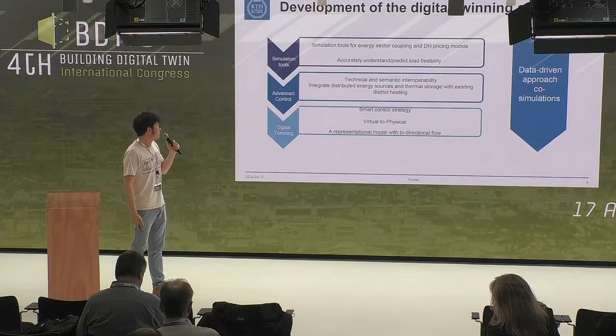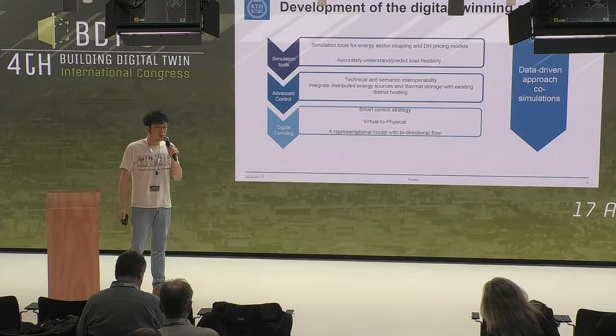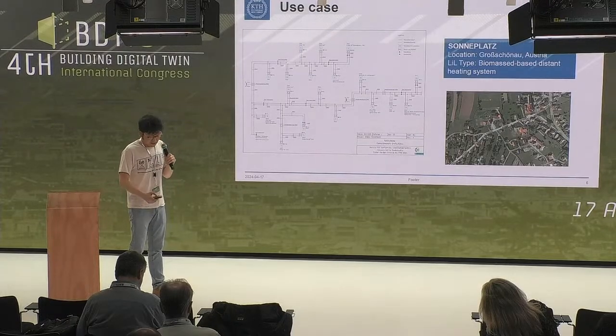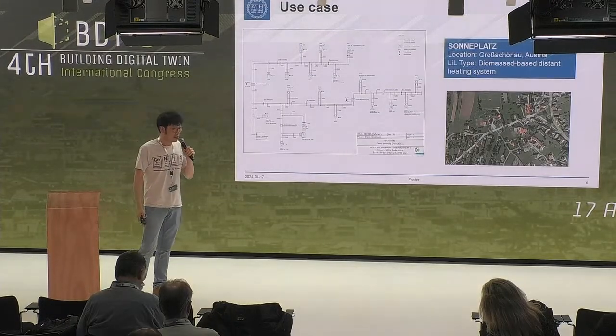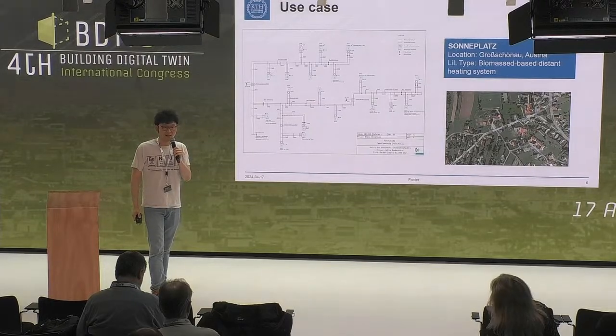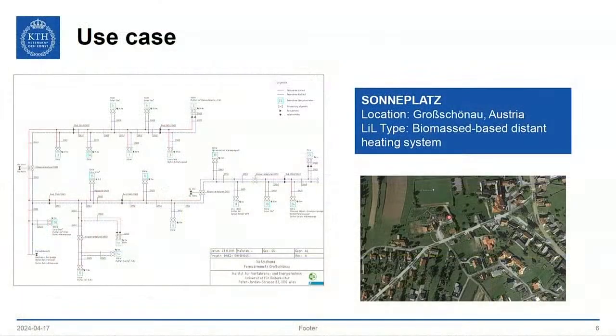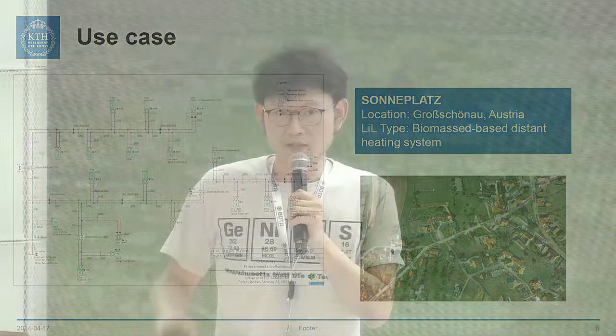For example, how can we understand first the load flexibilities? Because when it comes to the electric load, there has been decades of research and analysis on how you can predict the electricity load. But when it comes to thermal load or the hybrid load, things become a bit messy, because electricity is very fast. But when it comes to thermal load, you have two factors you really need to take into account.